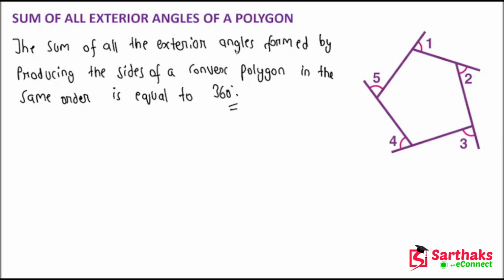So the sum of all the exterior angles formed by producing the sides of a convex polygon in the same order is equal to 360 degree.